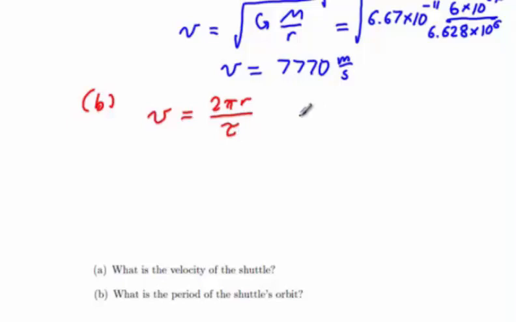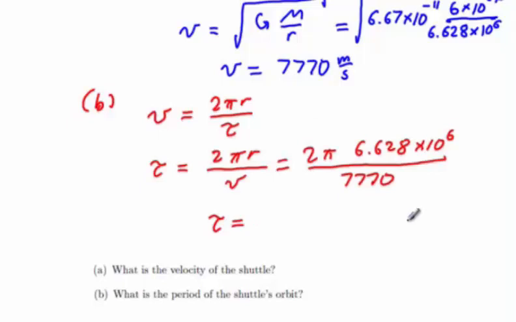You may use a different symbol for period in your book. Here I'm using a lowercase Greek tau. So the velocity is the circumference per period, yielding a period of 5,367 seconds, which is the same as 89 minutes, or about an hour and a half.